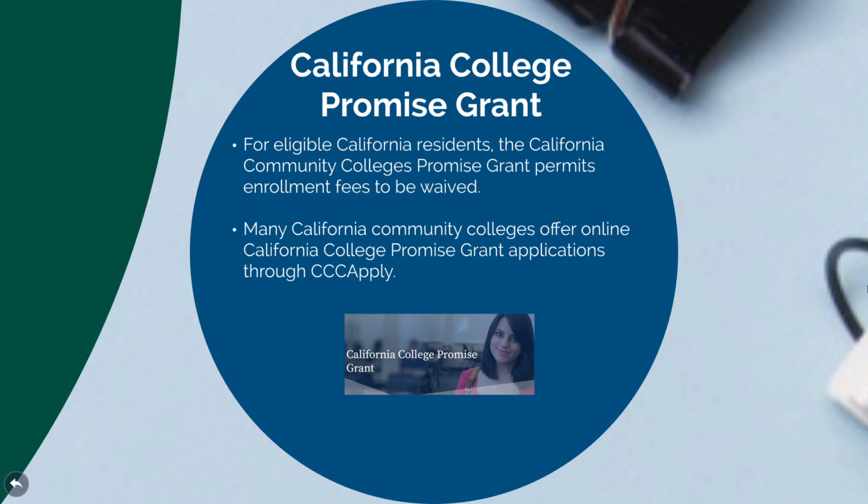Many of the portals on CCC Apply already have it embedded, so you really don't need to do anything else outside of accessing the application while you're applying to that community college. If the community college does not have it embedded in CCC Apply, there is a PDF version you can print and submit yourself to have your enrollment fees waived, which is more money in your pocket to utilize for other college expenses.